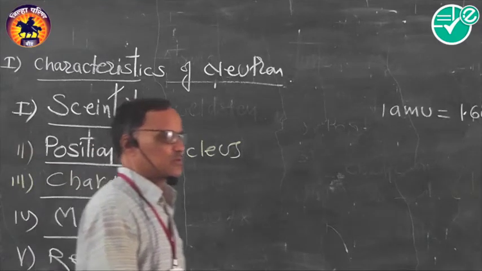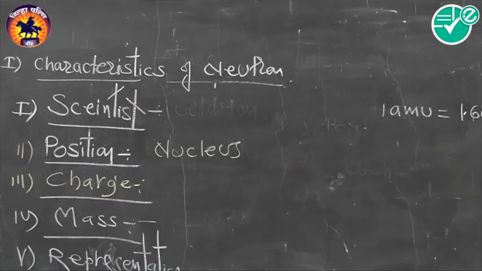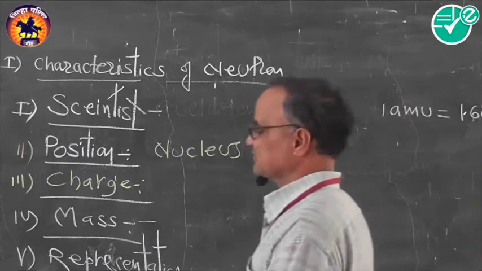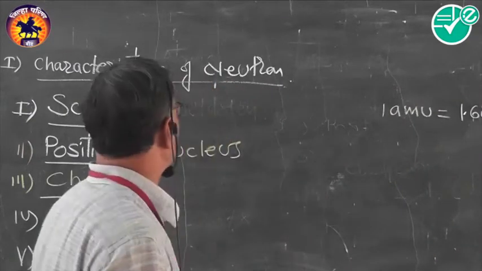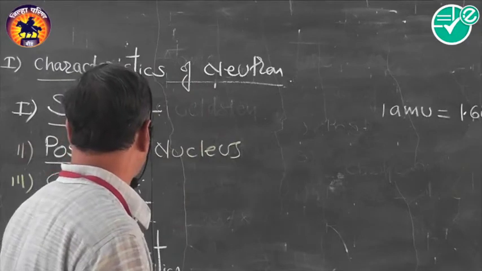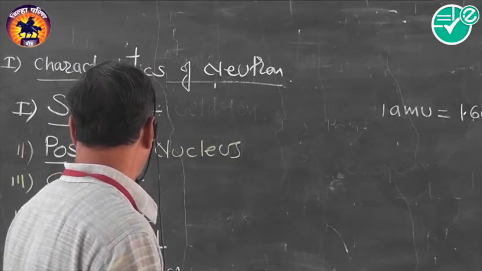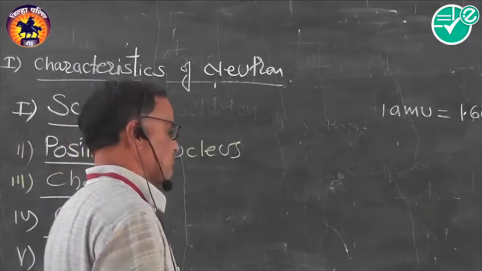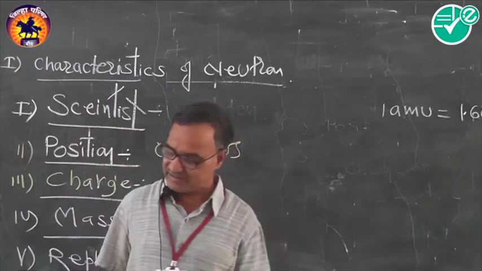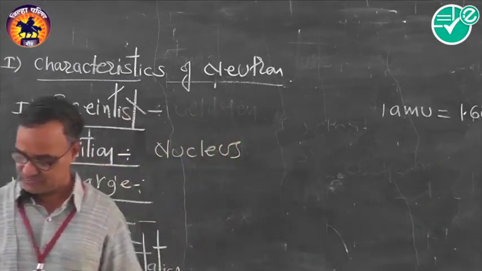So this neutron similarly can be explained on the basis of these 5 important points, that is name of the scientist, discovery of neutron, position of neutron, charge of neutron, mass of neutron, and finally the representation of neutron.